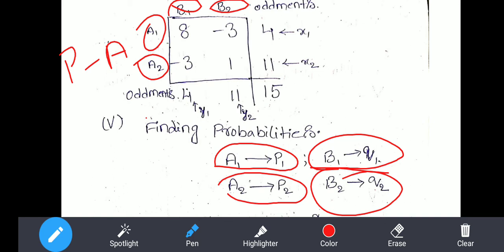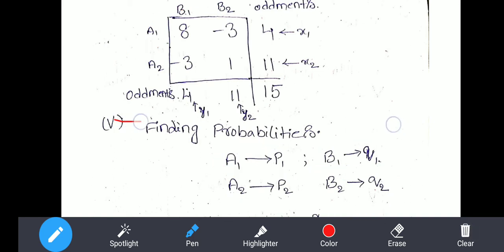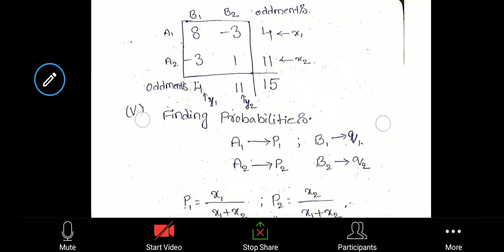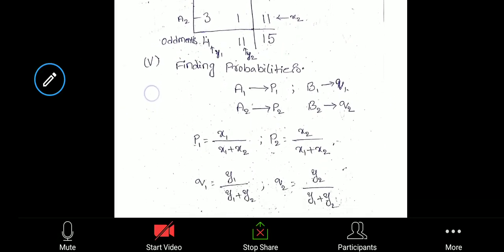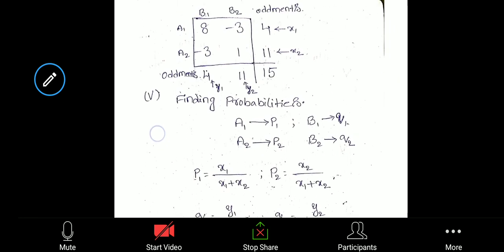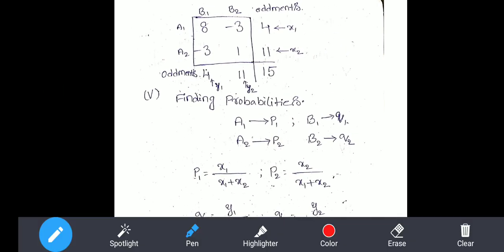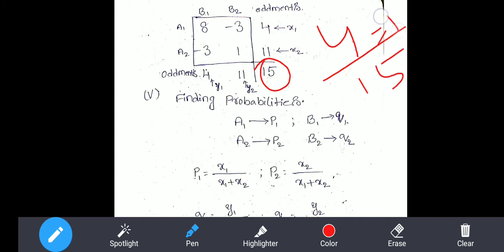These probabilities can be calculated by using the oddments. With a simple explanation, 4 divided by the sum of these, which is 15, will be P1.